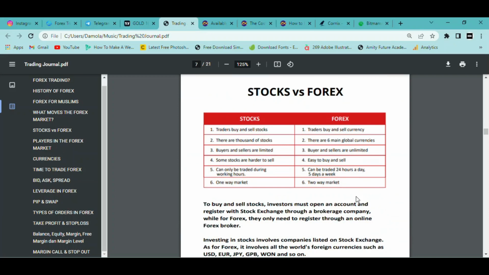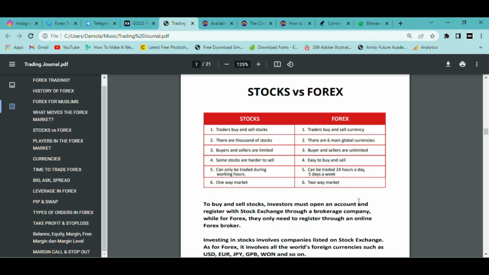You might have been hearing of stocks and Forex. They are actually different things. So what's the difference between stocks and Forex? In stocks, traders buy and sell stocks, but in Forex, traders buy and sell currencies.